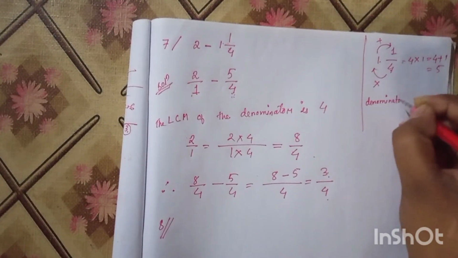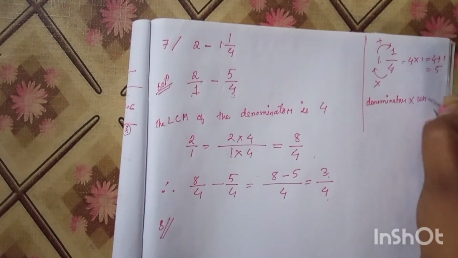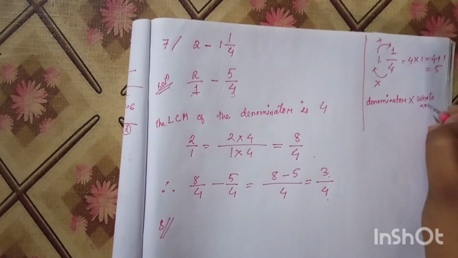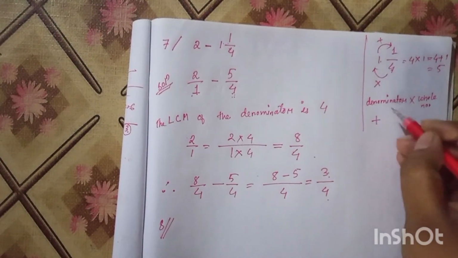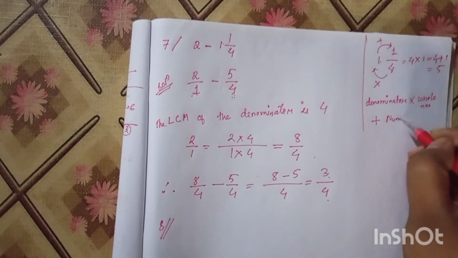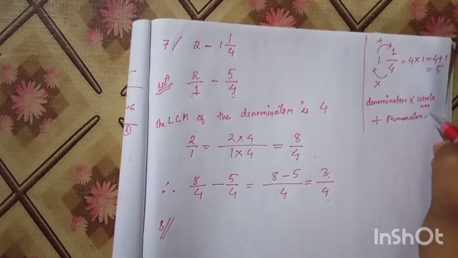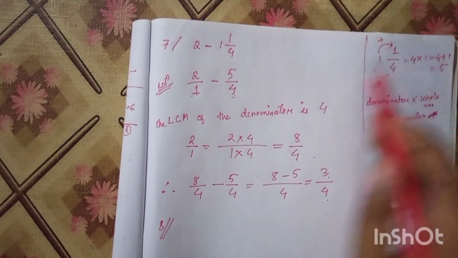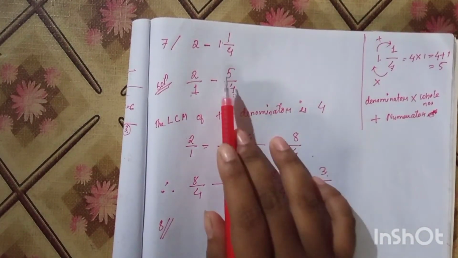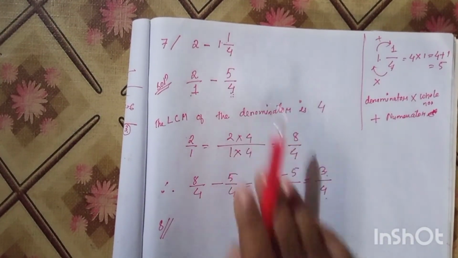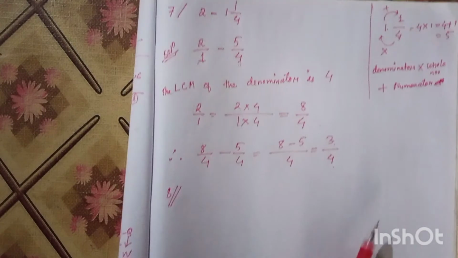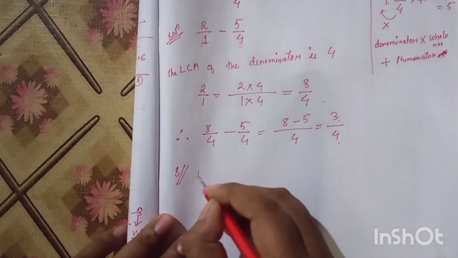Denominator into whole number plus numerator is equal to the new numerator, like this, 5 by 4. Understood? So question number 8, please do it yourself.